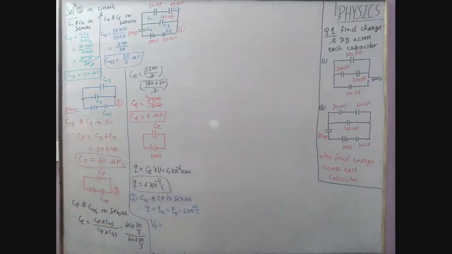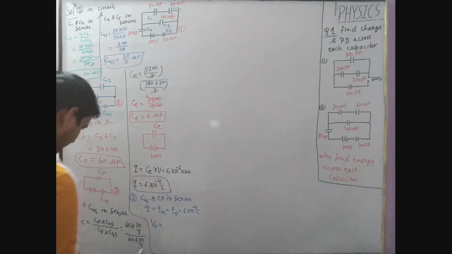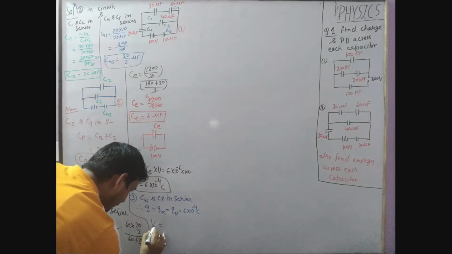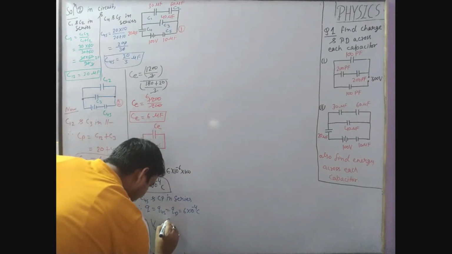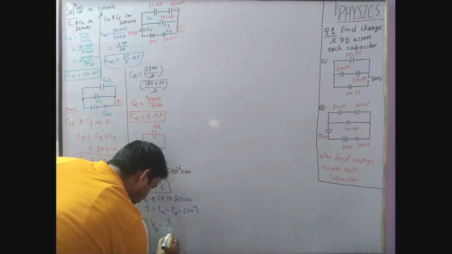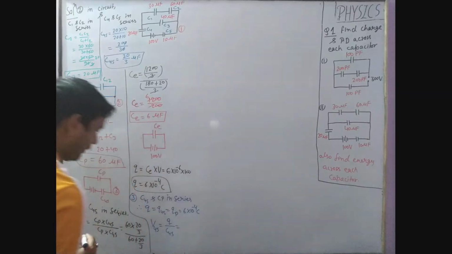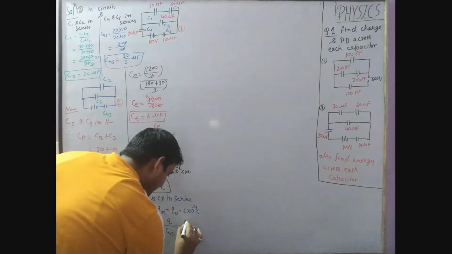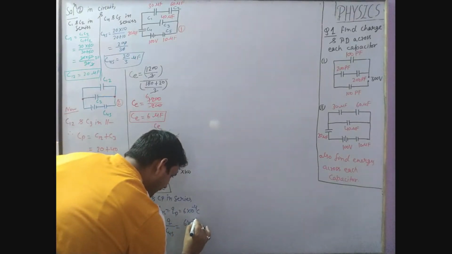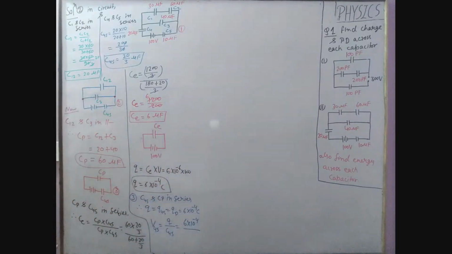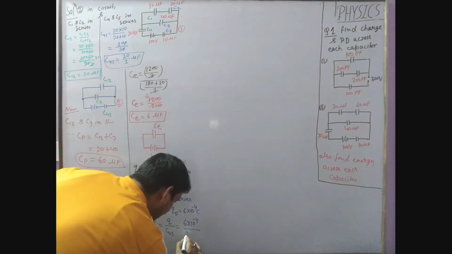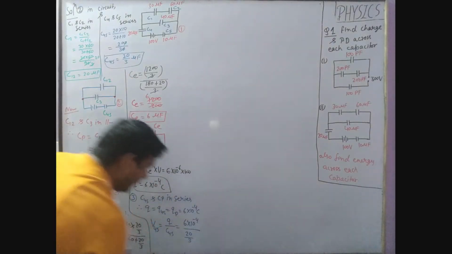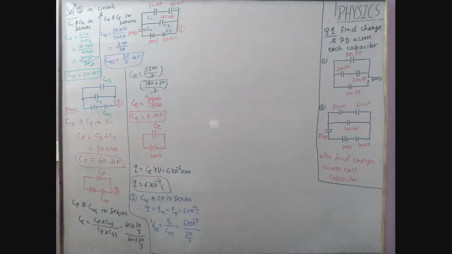Okay, VP wait, first we calculate V45. V45 is Q upon C45, which is equal to Q we have 6 into 10 to the power minus 4 upon C45 we have 20 by 3. Okay.